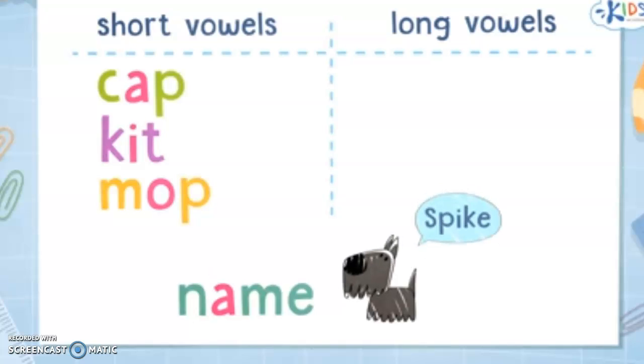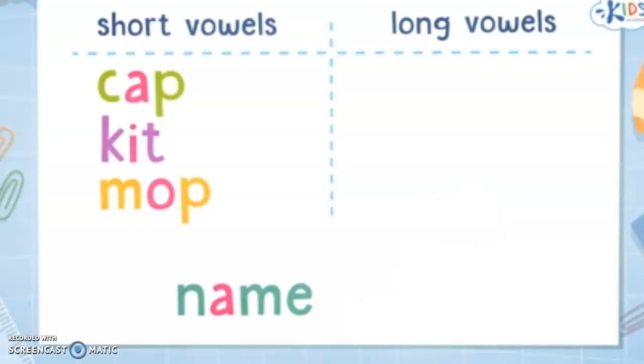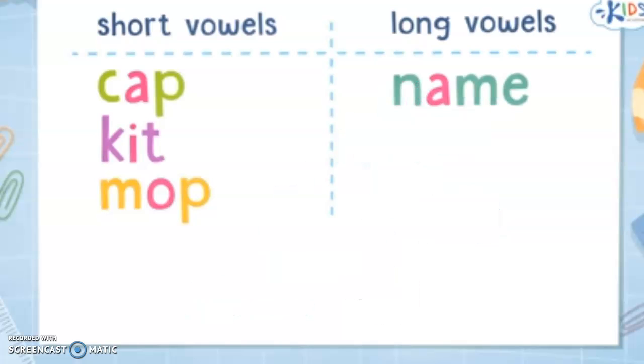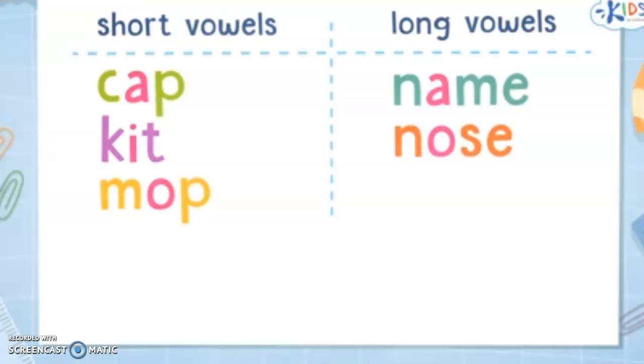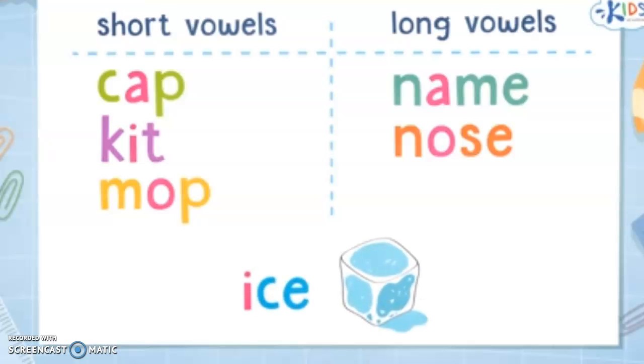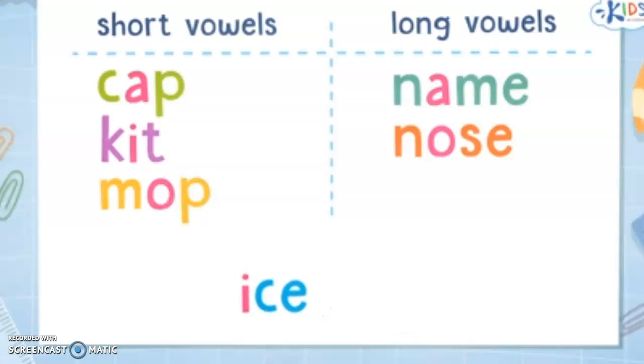A. Do you hear A shouting its name in this word? This is our first long vowel. Listen to this. Nose. Oh, the long vowels are easy, aren't they? I hear a long O. Let's put that one here. How do we say this word? Yes, ice. I hear I, long I.